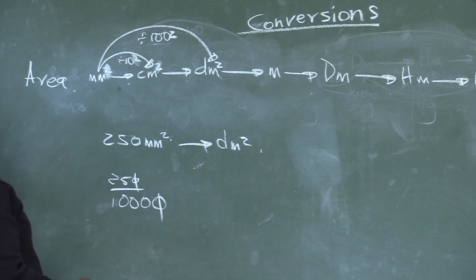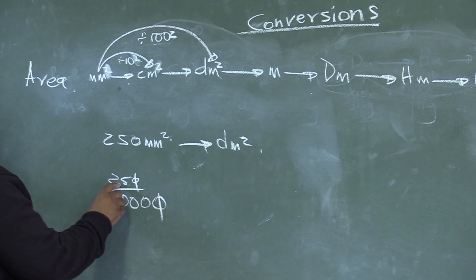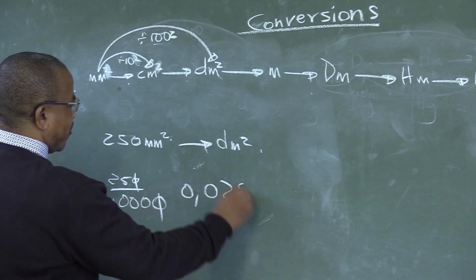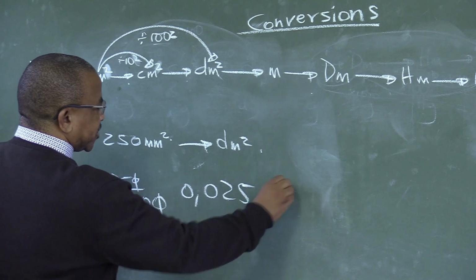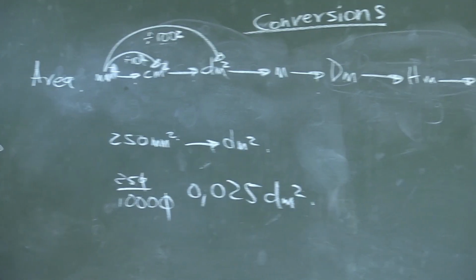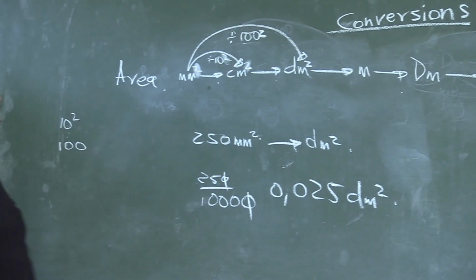Buka sesisalelwe yini na? 1 2 3, so we have 0.025 decimeter squared. Ihamba ngaleyo ndlela, lesi sibalo silula kakhulu, this is how you work it out.